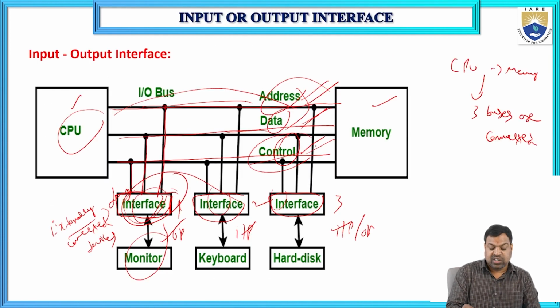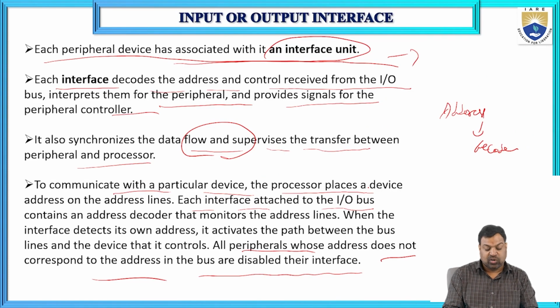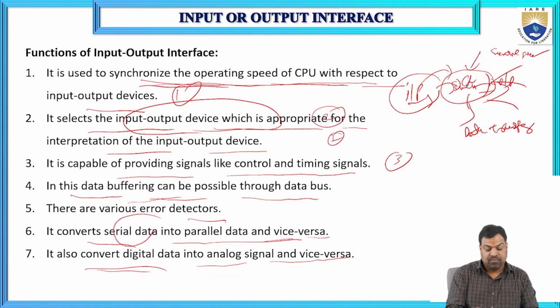Here the control bus, data bus and address bus are there, so address and data must be between the input and outputs. How are we controlling? Through the control signals. So we need control and timing signals, and data buffering, meaning the data transferring from input to the CPU and from the CPU to output.